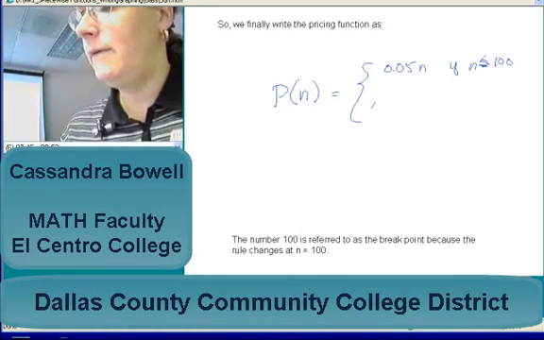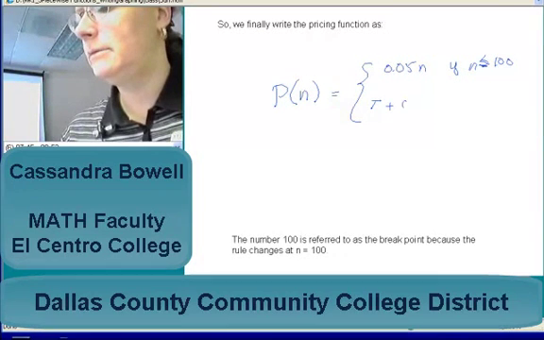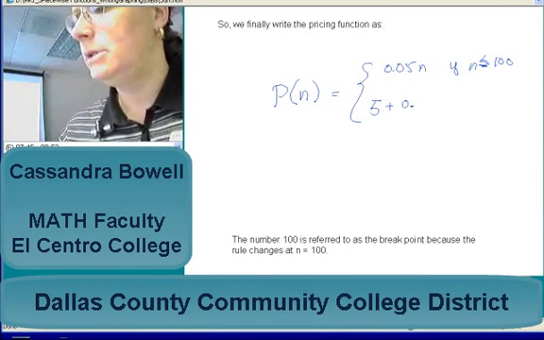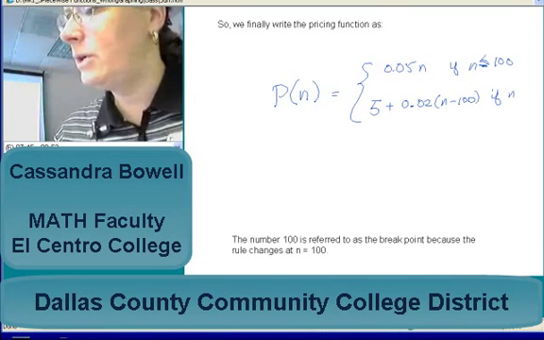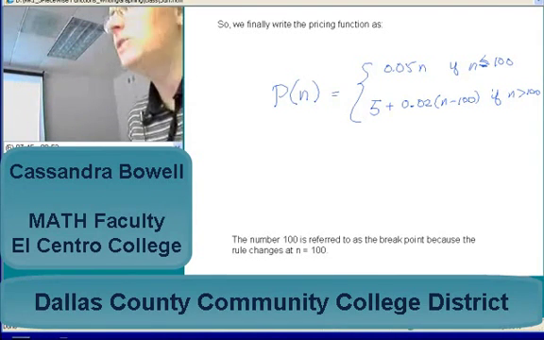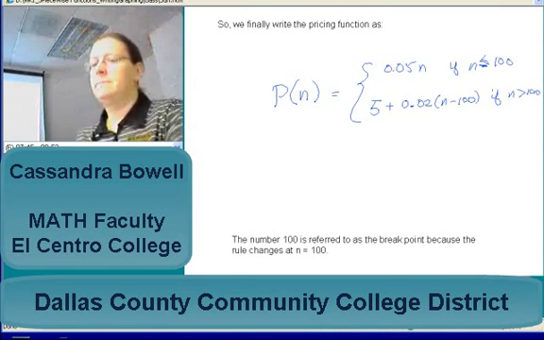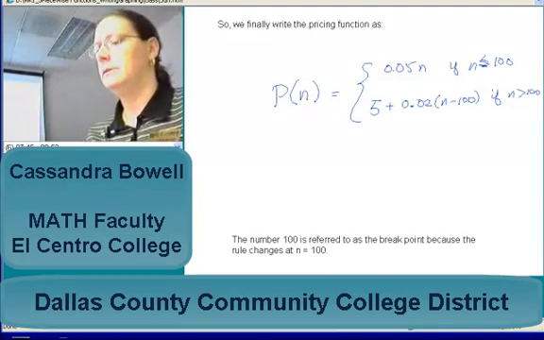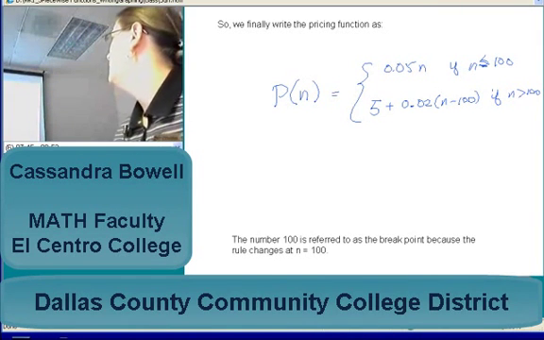And it's 5 plus 2 cents times n minus 100 if n is greater than 100. Does it show what you're writing in, too? It shows everything. That's why this piece is so important, because this interacts and it keeps everything.